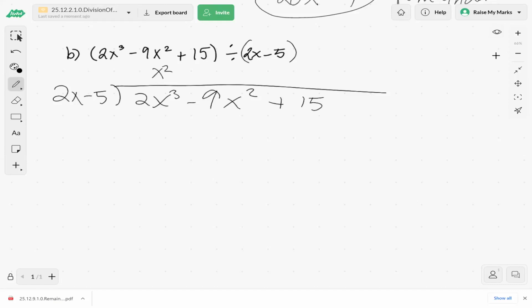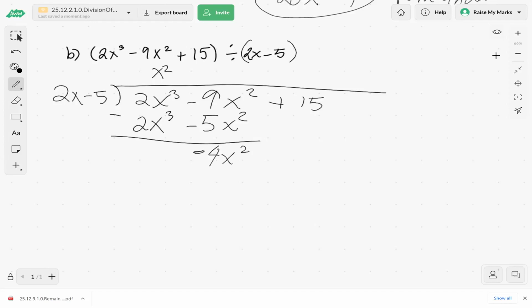X squared. And then multiply x squared by 2x minus 5 and we get 2x cubed minus 5x squared. And let's subtract. And we get 9x squared minus negative 5x squared, giving us negative 4x squared.